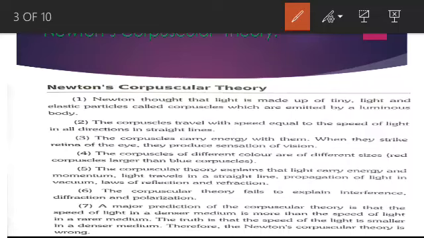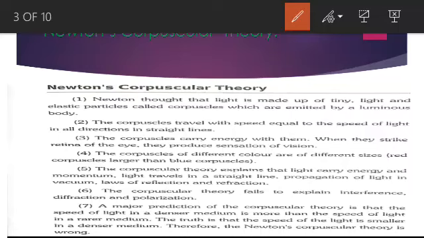There was a confusion about the actual nature of light. Different scientists gave different types of theory. Among them all, no one theory was a complete theory of light.